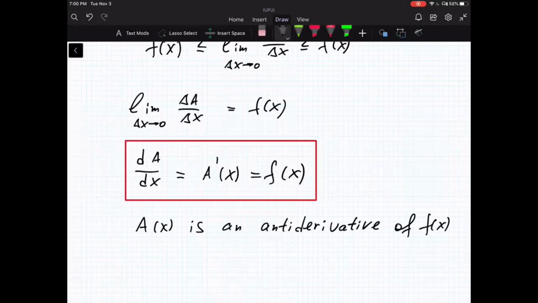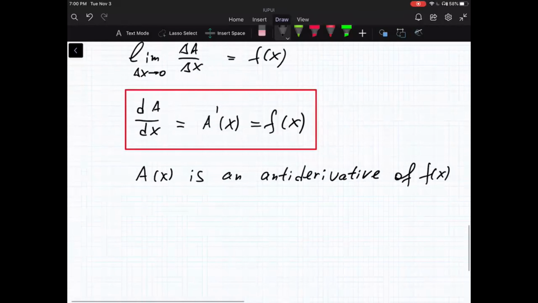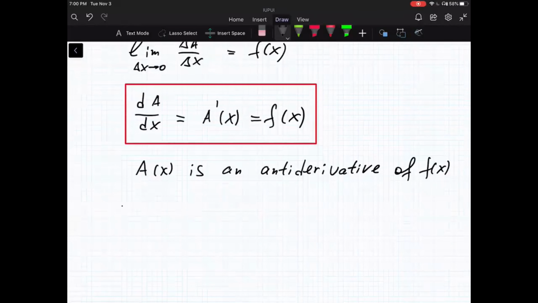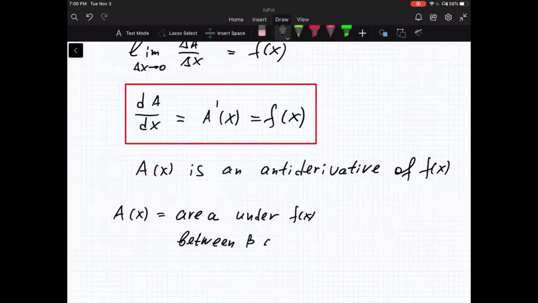And so what do we have? We have that our A of x, which is the area under f of x between capital B and x, by the definition is equal to the integral from capital B to x of f of x dx.